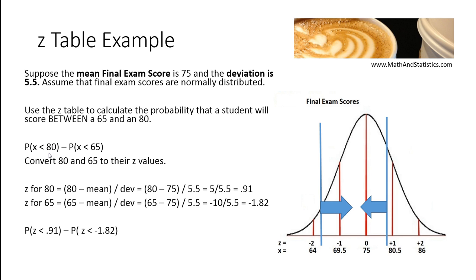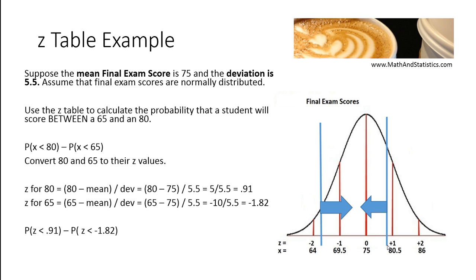In order to calculate this using the zTable, I have to convert the 80 and also the 65 into their equivalent z-values. The z-value for 80, I take 80, subtract the mean, divide by the deviation. So that's 80 minus 75 divided by 5.5, which is 0.91. So the z-value over here for 80 is about 0.91, and that looks right because it's between 0 and 1.